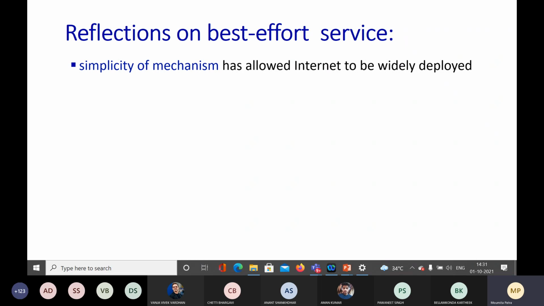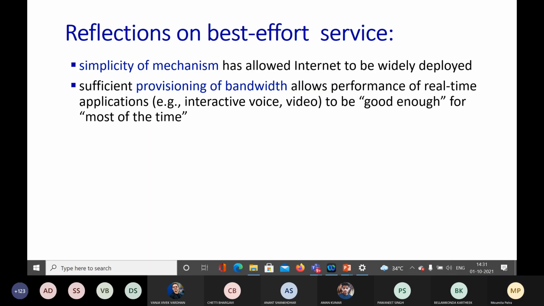The simplicity of the mechanism has allowed the internet to be widely deployed with best effort services. Now, because sufficient provisioning of bandwidth is done at each link, that allows the performance of real-time applications to be good enough most of the time, even if best effort service is being used.